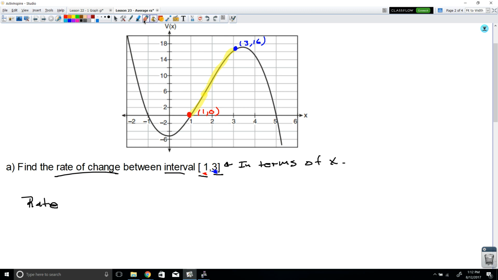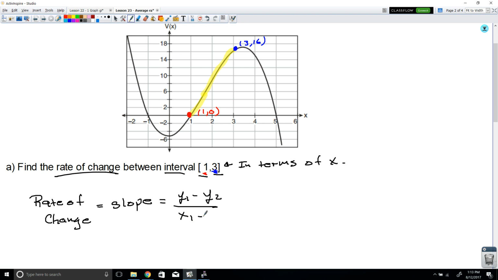So remember, let me rewrite that. The rate of change is equal to the slope, where the slope is y1 minus y2 over x1 minus x2. But we got two coordinate points.